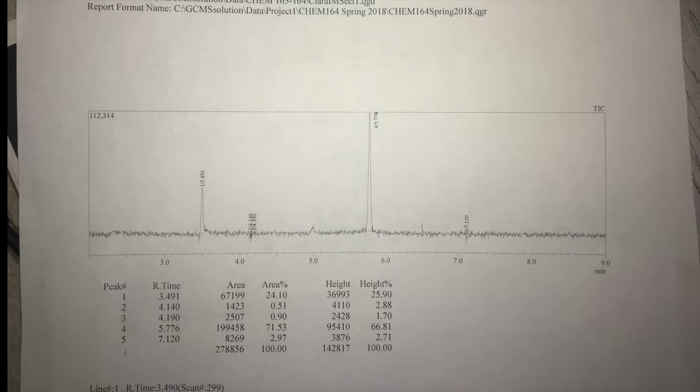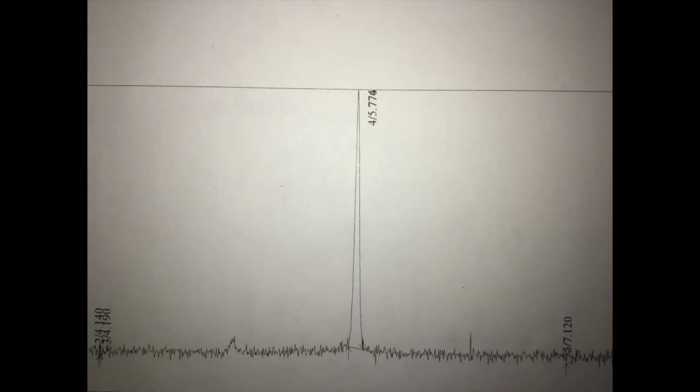Our gas chromatography data showed 2 main peaks at 3.491 minutes and 5.775 minutes. Since the 5.775 minute peak is higher, we can assume that more of the particles in the sample had this retention time. Therefore, we decided to more heavily analyze the MS data that corresponded with the 5.775 minute retention time.